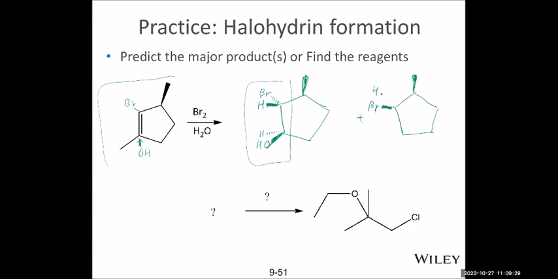Bromine's wedge. Okay, so the OH will be here. What kind of bond is it for the OH, wedge or dash? Dash. It's anti. So it's a dash, and the hydrogen being the wedge.